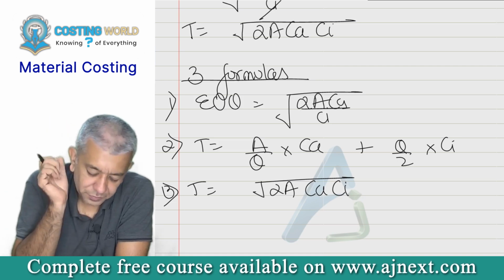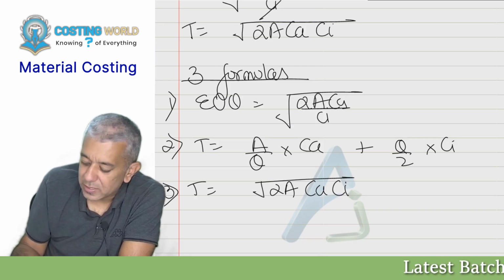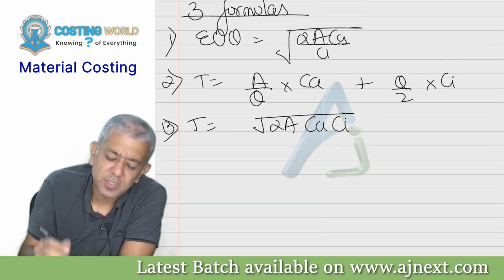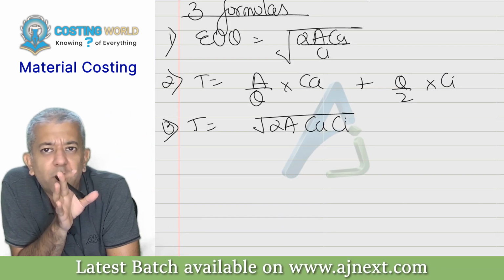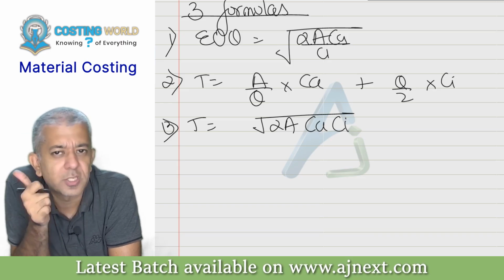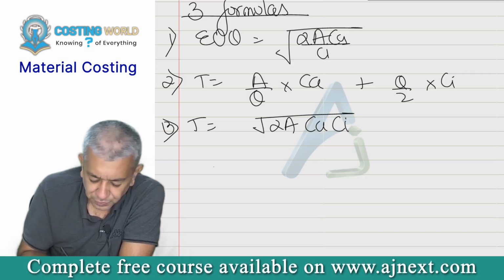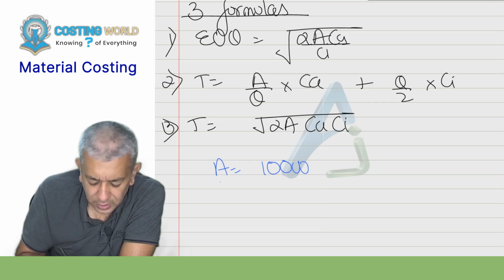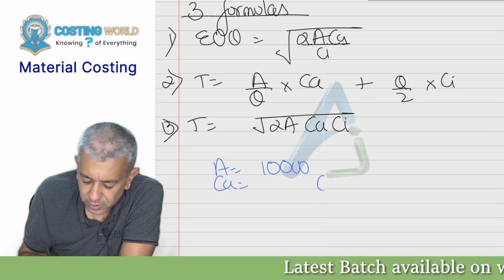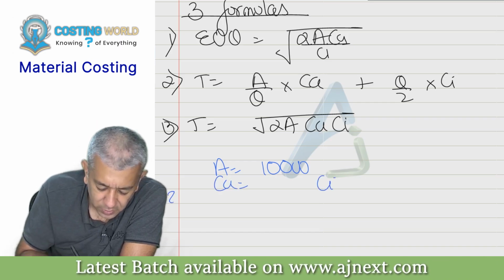Now see, I am just trying to discuss few situations just like that only. You will have to try to tell me which formula to apply. That's it. You can speak 1, 2 or 3, the numbers of the formulas. In the question CA is given to you. In the question CI is given to you. And now the required part.